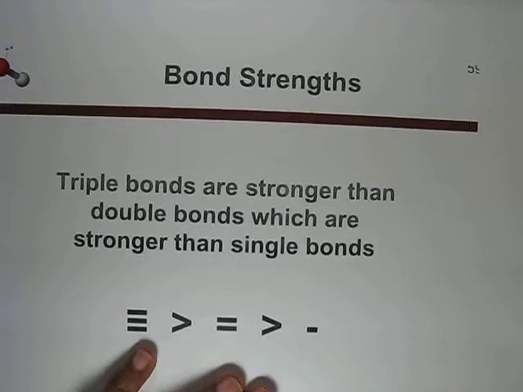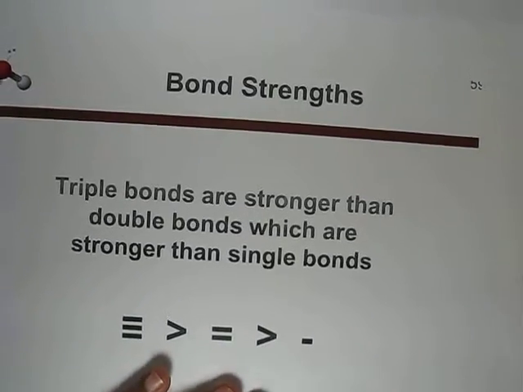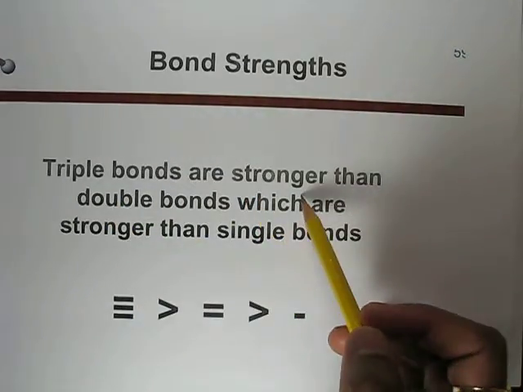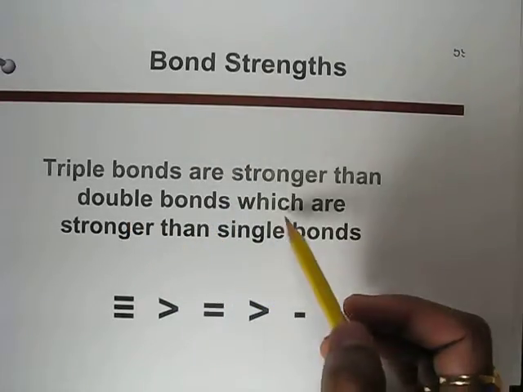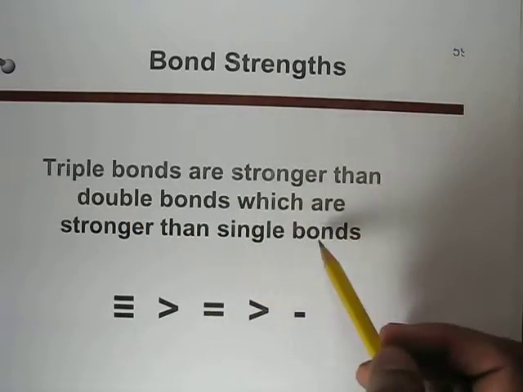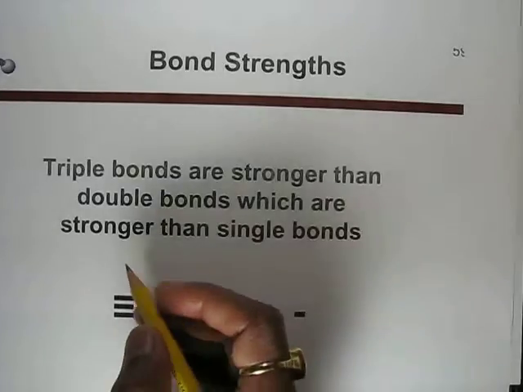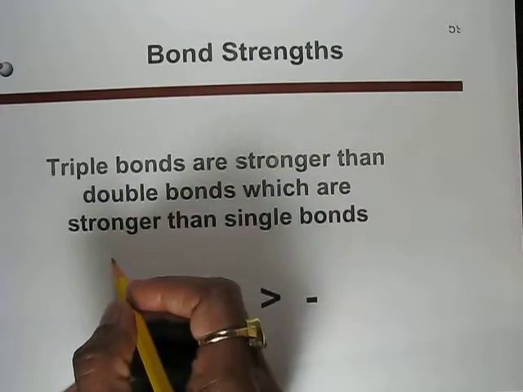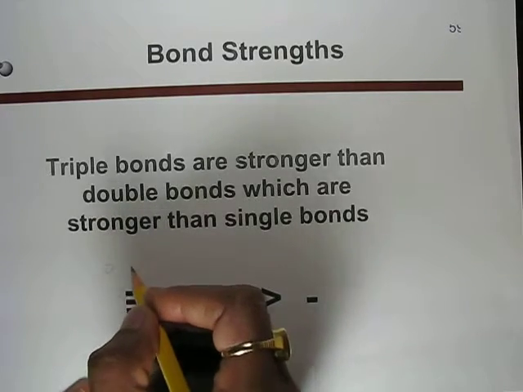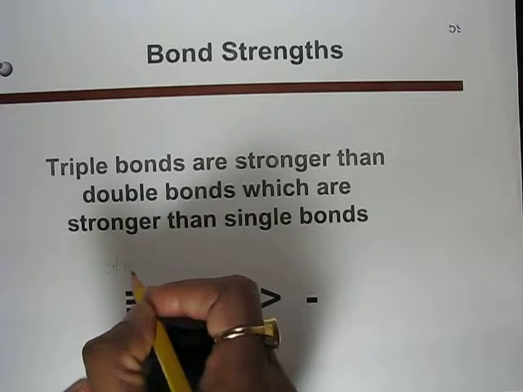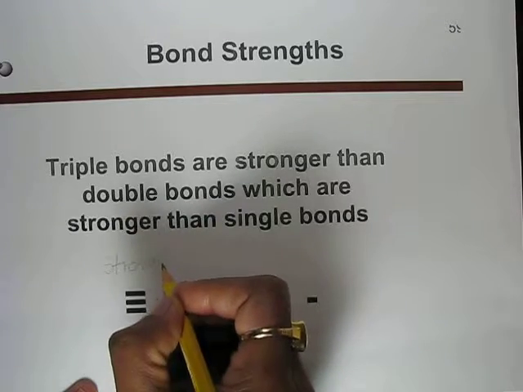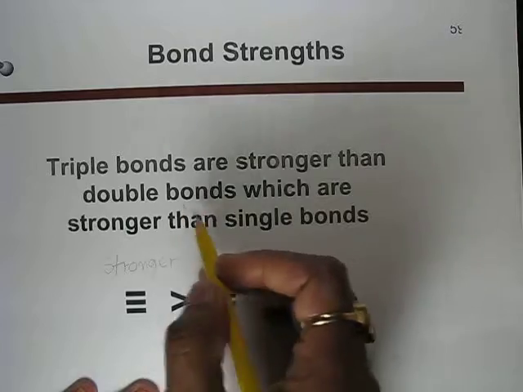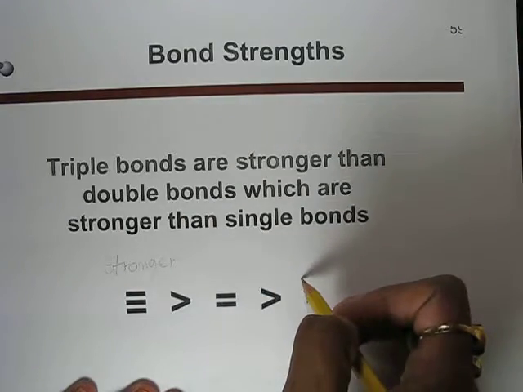For bond strength, triple bonds are stronger than double bonds, which are stronger than single bonds. So triple bonds are the strongest, then the double bond comes, and then the single bond.